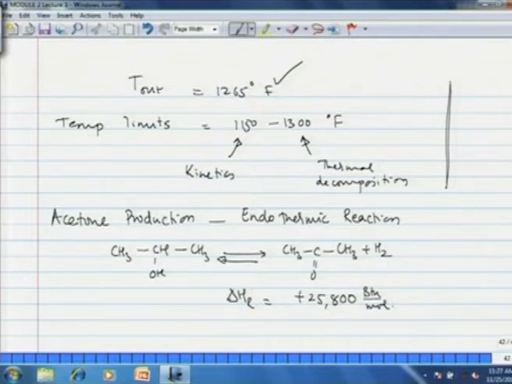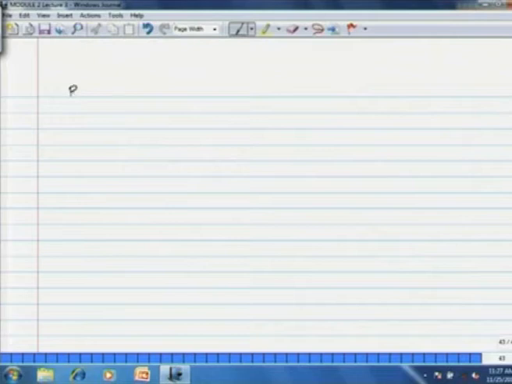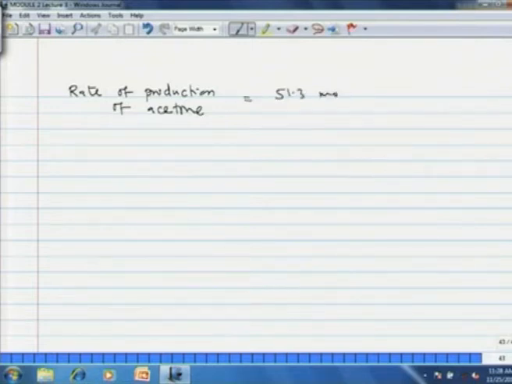Okay. Now, in this case we have to supply the heat of reaction. Now, for a particular rate of production of acetone, let us say we take the rate of production of acetone as 51.3 mole per hour.